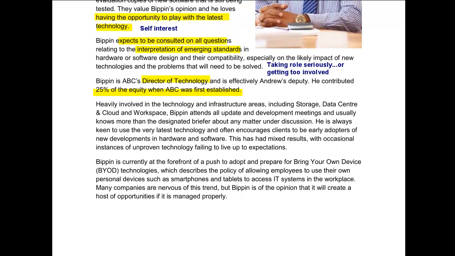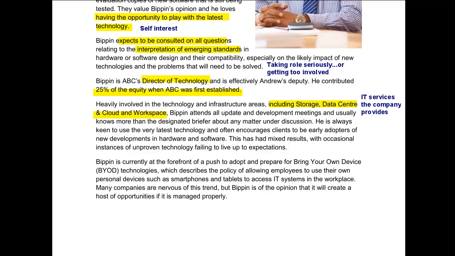So he's also heavily involved in the technology and infrastructure areas. So this, of course, you would expect as the director of technology. And then it goes on to list some specific areas. So it says including storage, data center, cloud, and workspace. So these could be products that the company creates, services that the company provides.